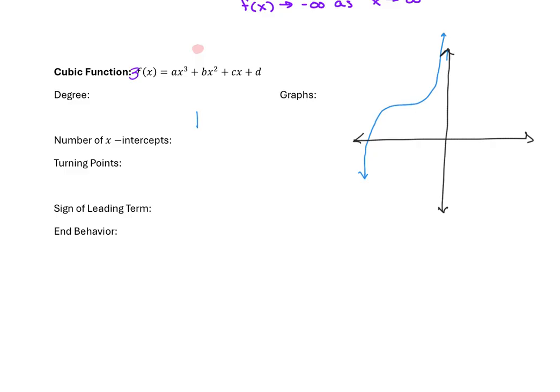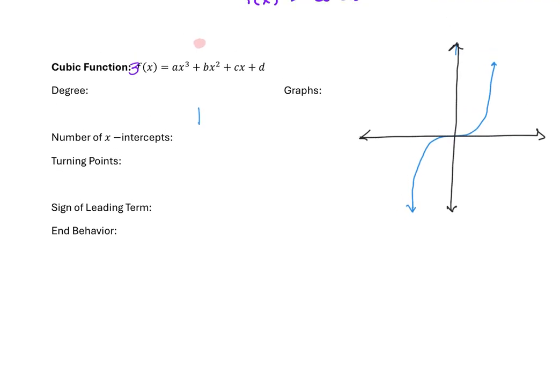If we move it up, we still have 1 x-intercept. And so this is our first cubic example. And our cubic is always going to have at least 1 x-intercept. All right, so that is our first example. We have degree 3. We can have 1 x-intercept.